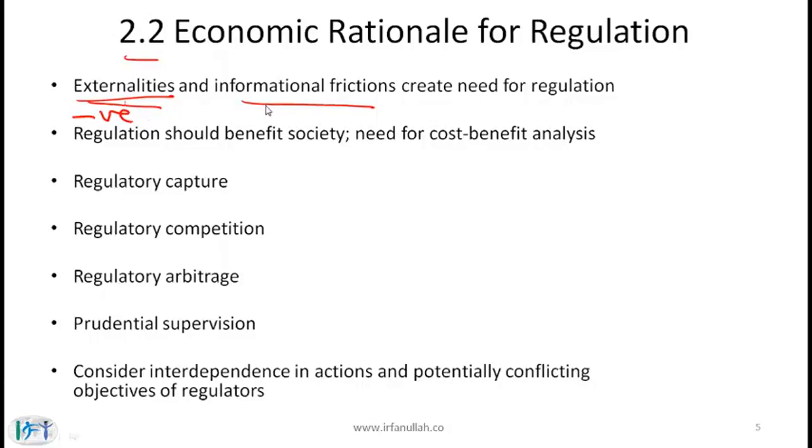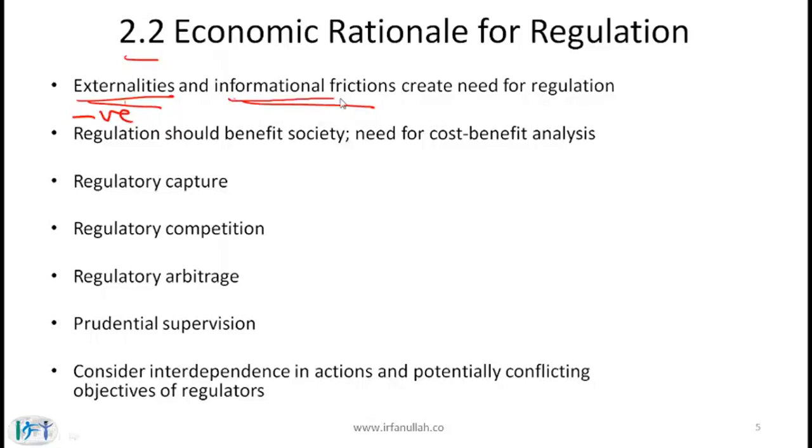So clearly regulation is required to limit or to minimize the amount of negative externality that is created. In terms of informational frictions, this basically refers to the different level of information that different stakeholders might have. Insiders at a large public company will obviously have more information about the company relative to regular investors or small investors. So clearly there needs to be regulation that limits the buying and selling that can be done by insiders.